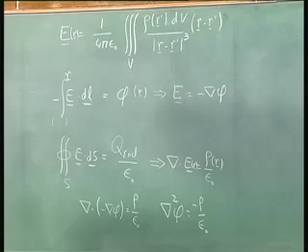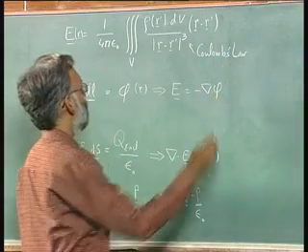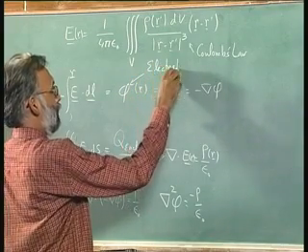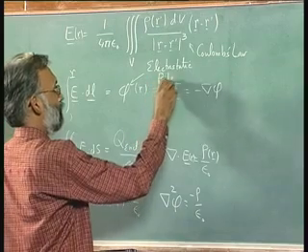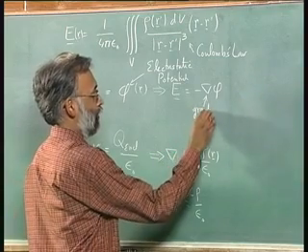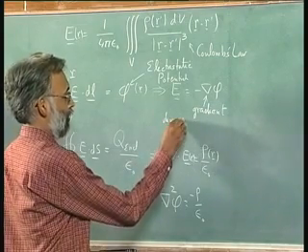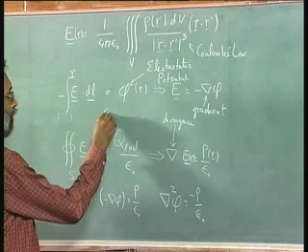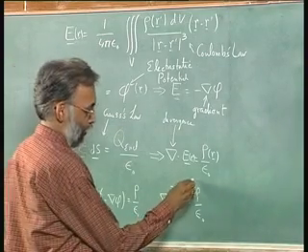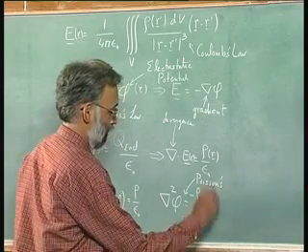So, if I have to give names, this is Coulomb's law, this is electrostatic potential, this is gradient, this is divergence, this is Gauss's law, and this is Poisson's equation.